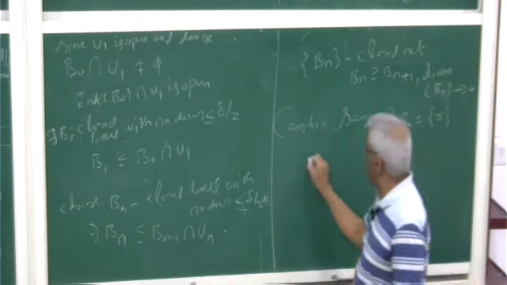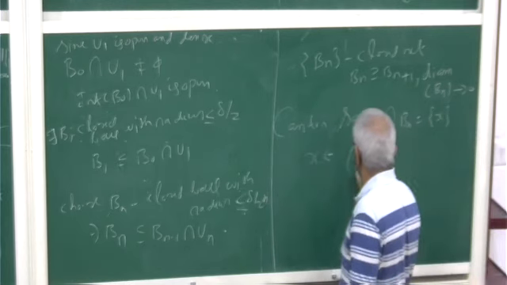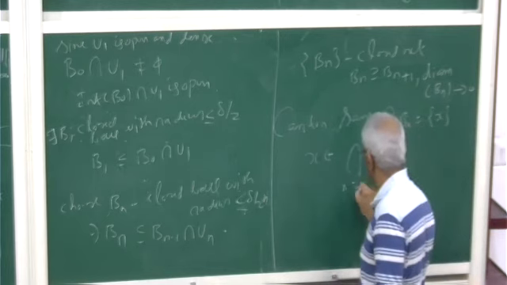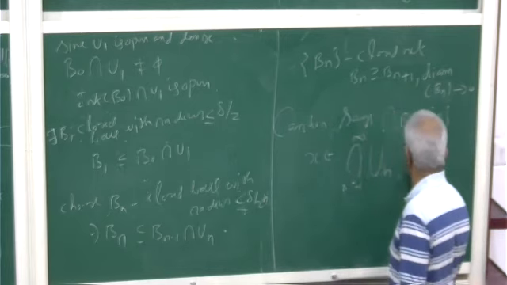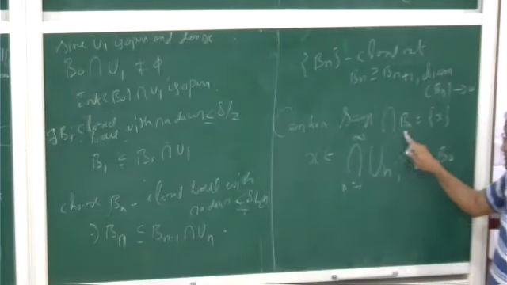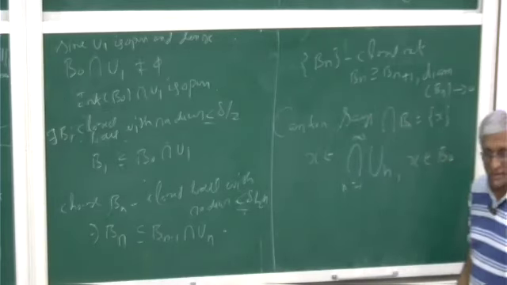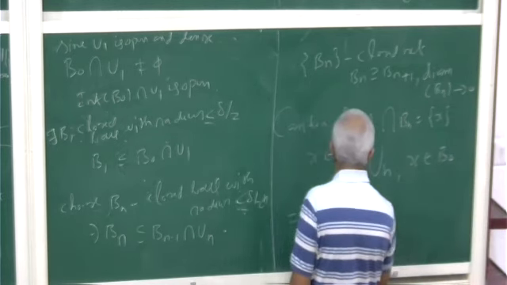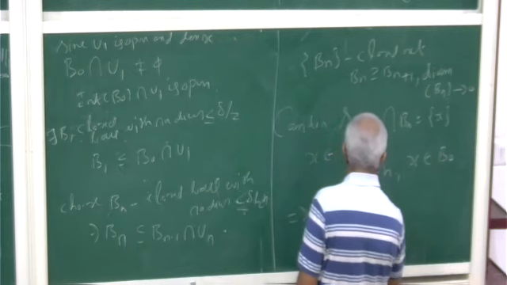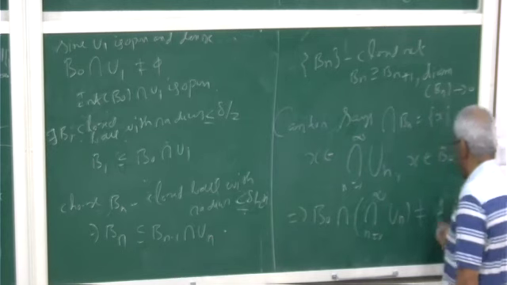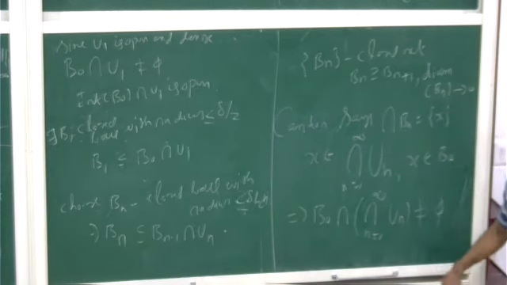That x is in the intersection of all Un and Bn's, and x is also in the original B0. So this says B0 intersection the intersection of n equal to 1 to infinity Un is not empty. That's what we wanted to prove.